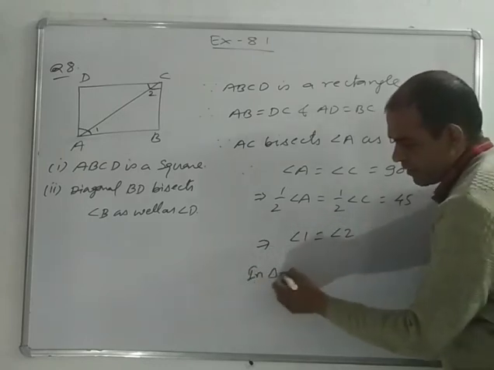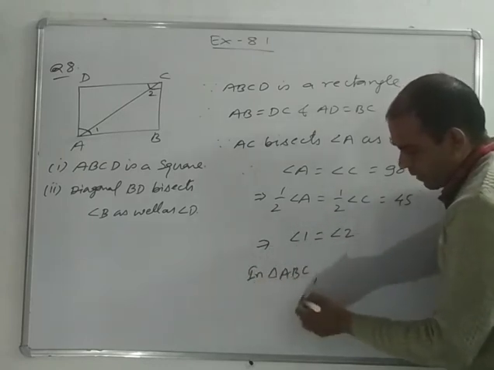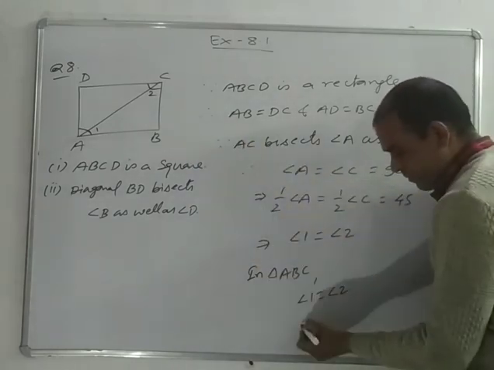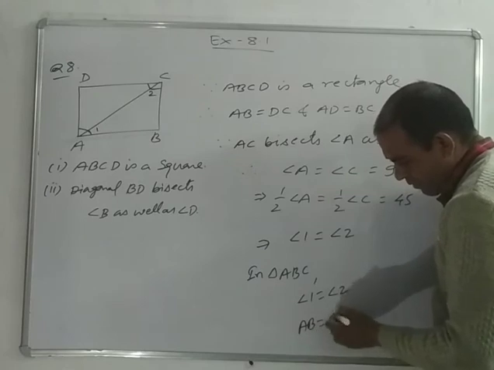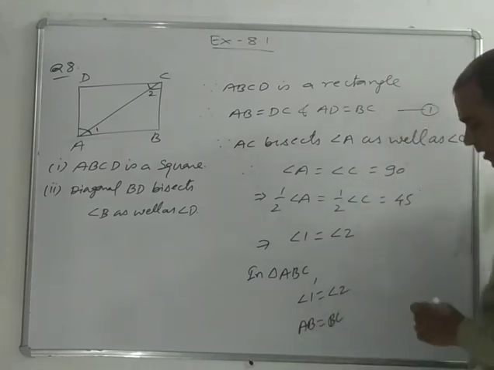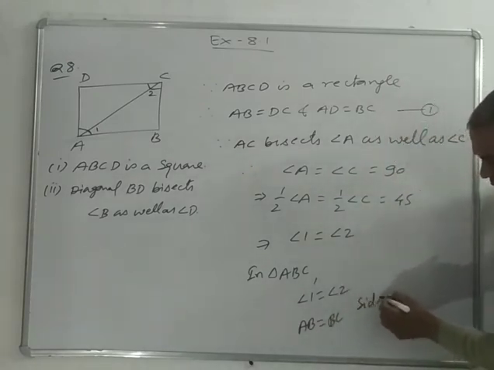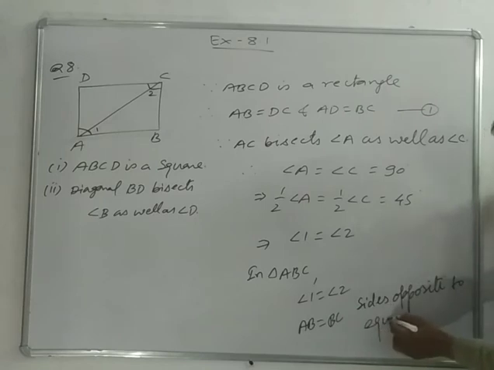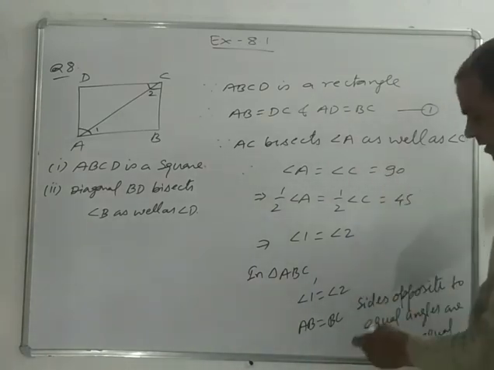In triangle ABC, angle 1 equal to 2, so AB equal to BC. Reason: sides opposite to equal angles are equal. So all sides are equal.